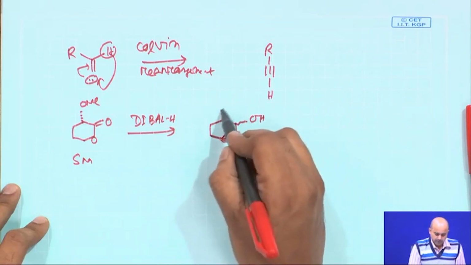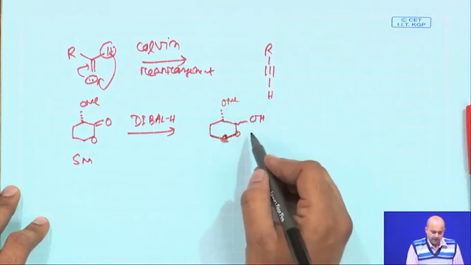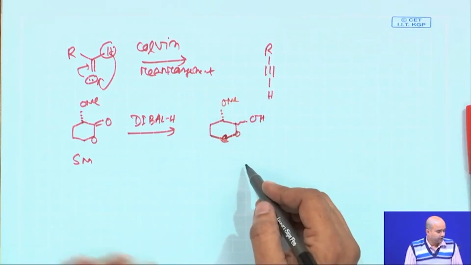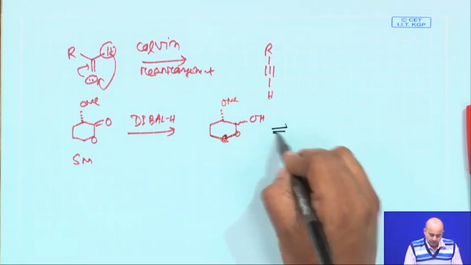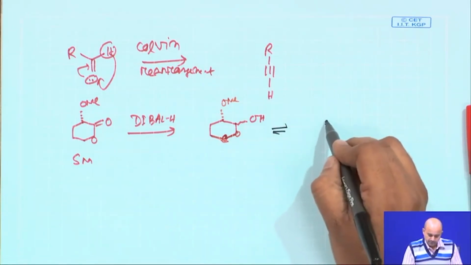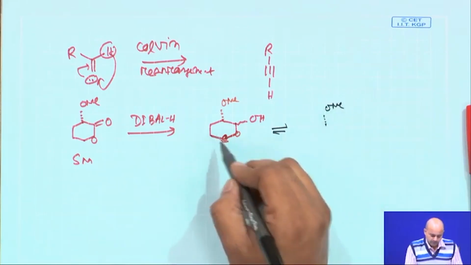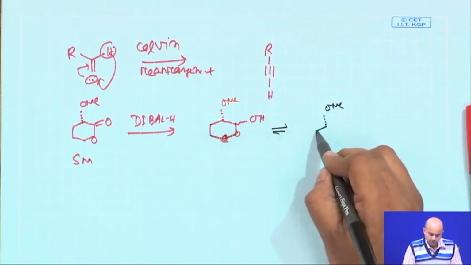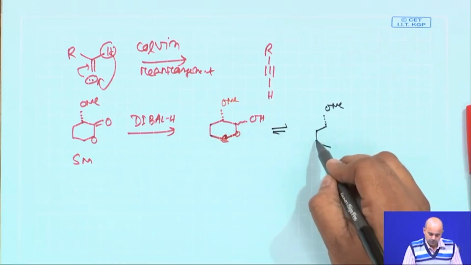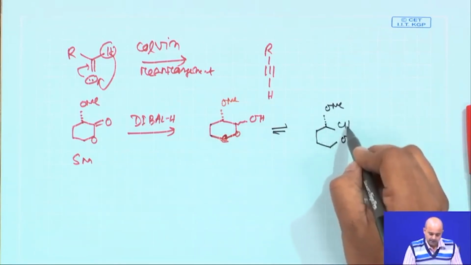Now, this lactol tries to open up. Lactol is basically the hydroxyaldehyde. So, if this opens up, you get CH2, CH2, CH2, CH2, CH2, CH2, OH and this aldehyde.